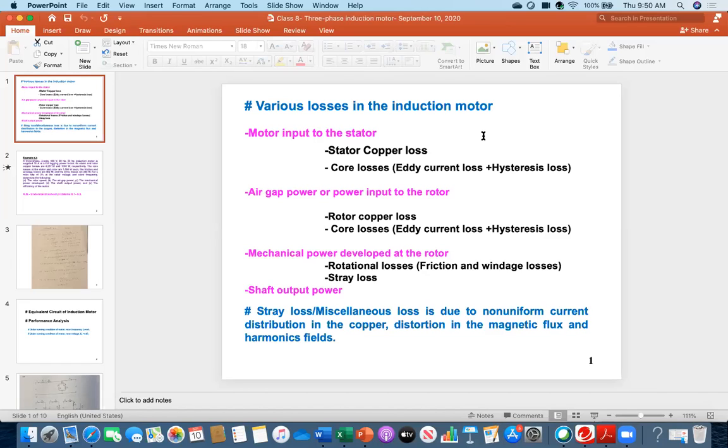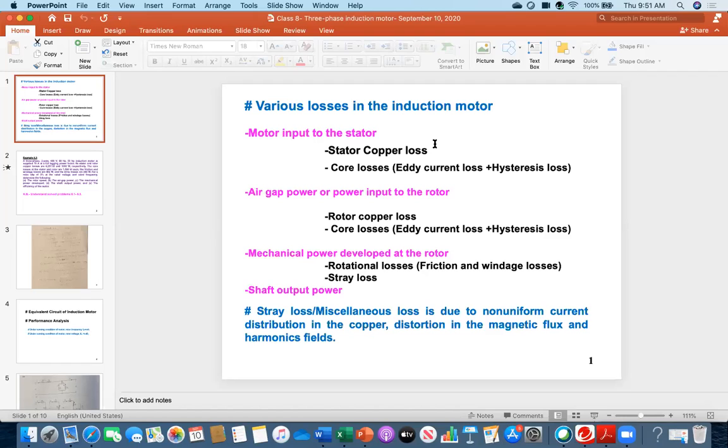There was no rotational loss. But because this is an induction motor, it is rotating, especially its shaft is moving, so it has rotational losses in addition to copper loss and core losses.